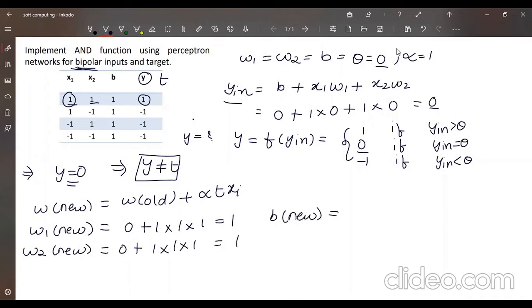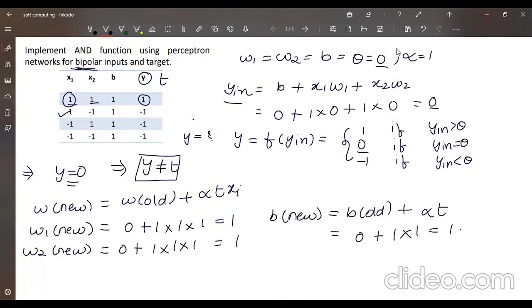The bias value B new is equal to B old plus alpha into T. So the old bias value is 0 plus alpha into target value 1, so it is 1. Now with these updated weights, we have to find the input value for the second one.